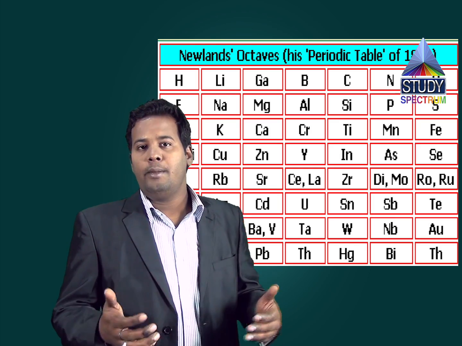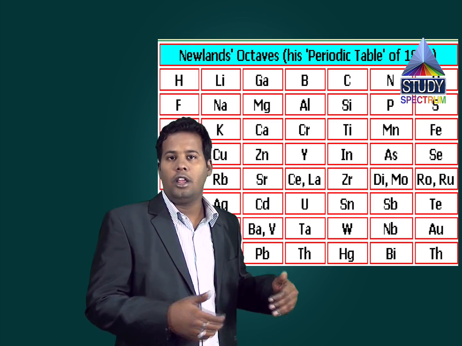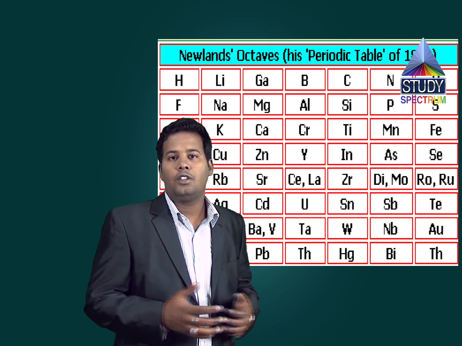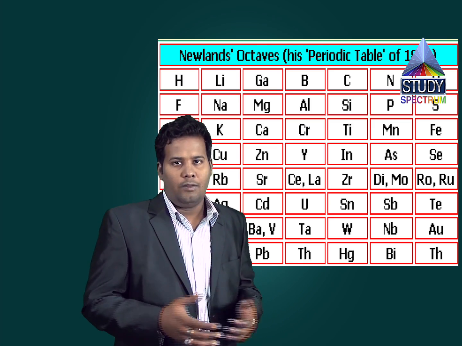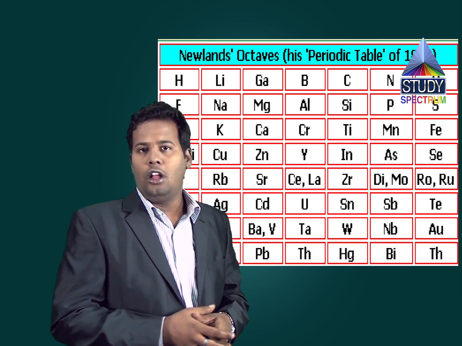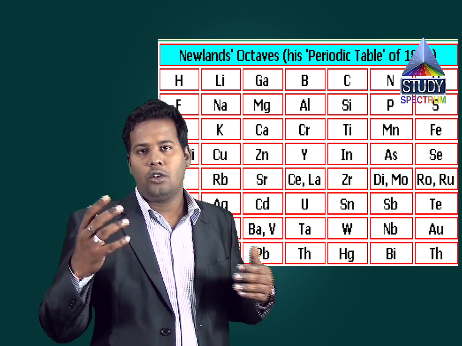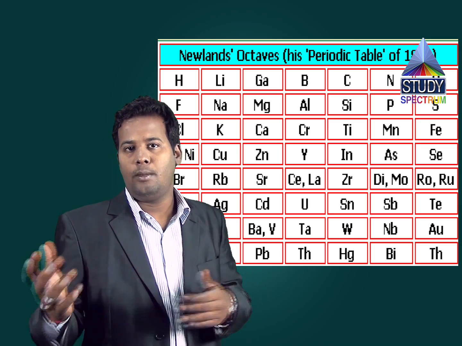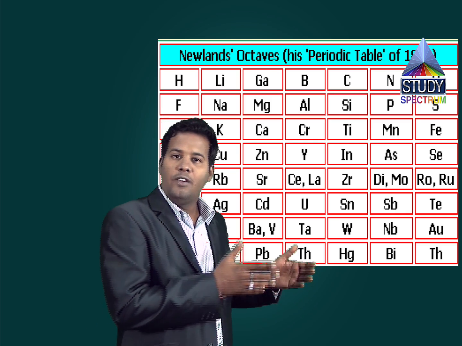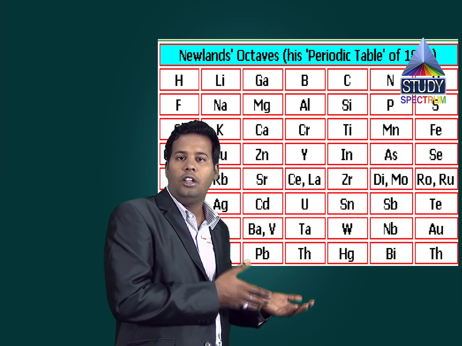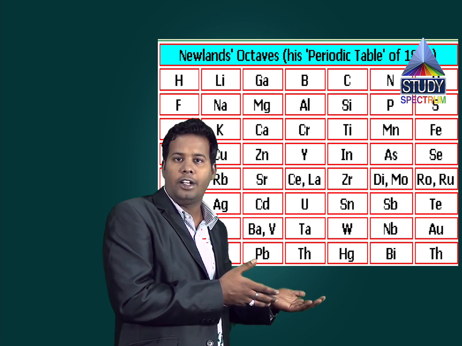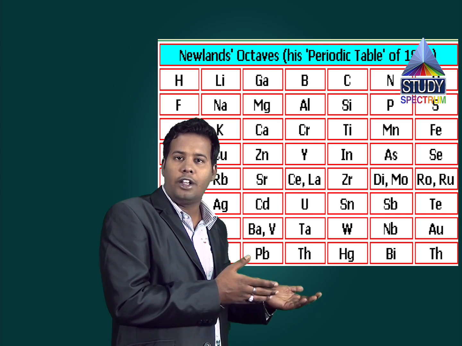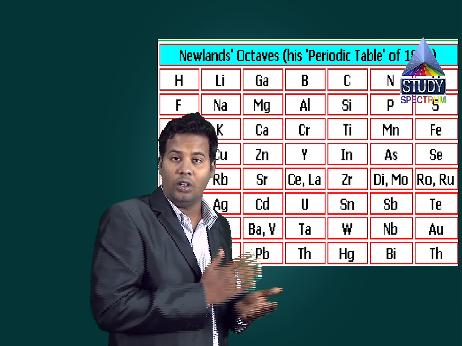So similarly, there were a few merits and demerits of Newland's law of octaves. We have seen the law of octaves, that is, the properties of every 8th element are similar to the first element. So he was able to classify all the elements of his periodic table, and this law of octaves was true till calcium only.